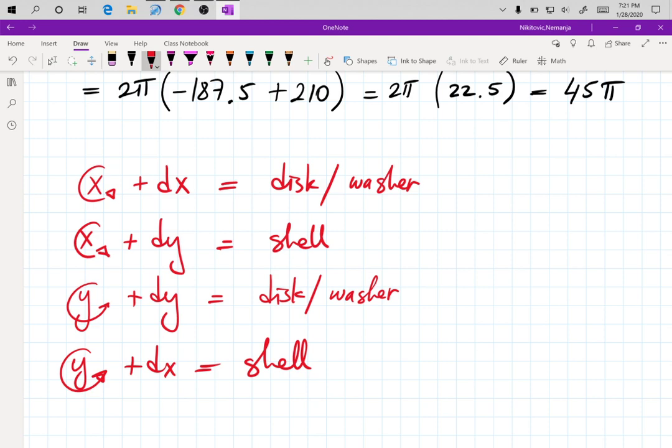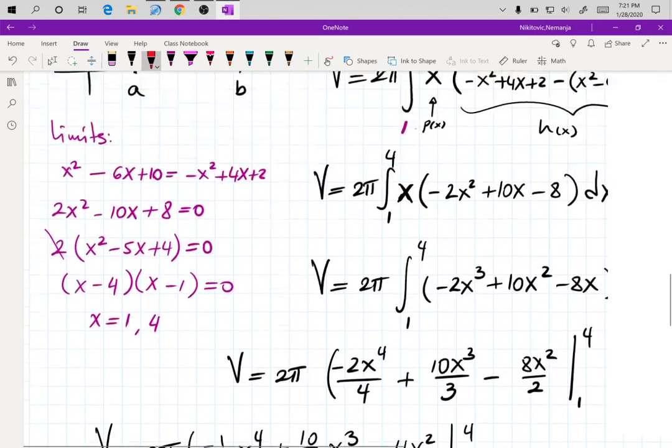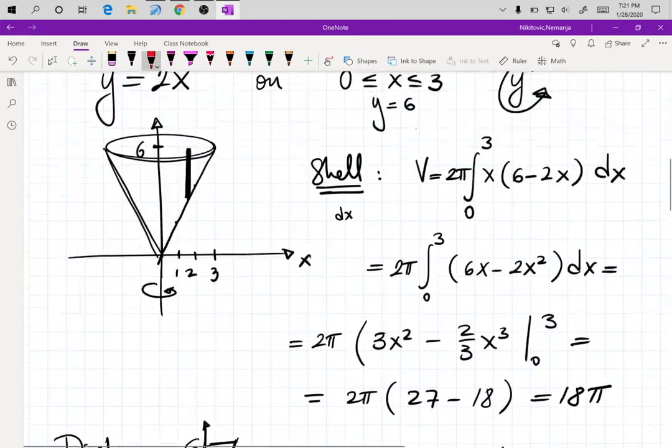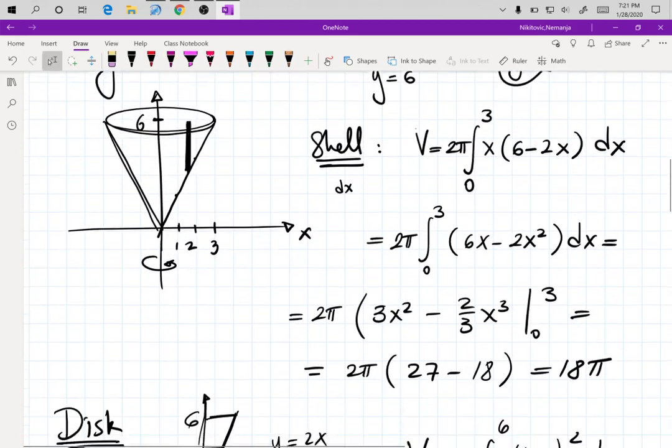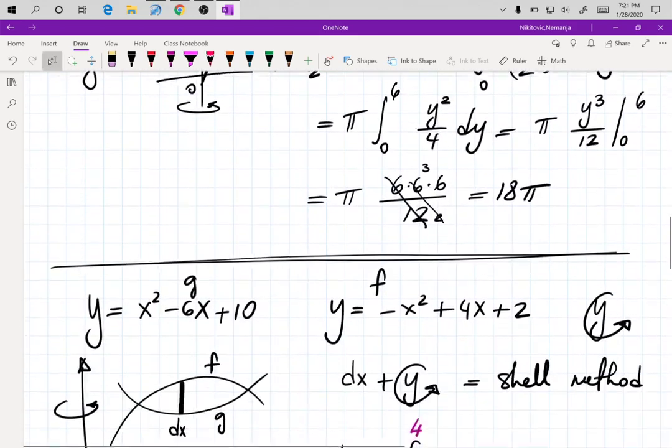So this is going to help you solve the problems when they say in a homework or the exam, just what's the volume? And they give you rotation. They give you functions. They don't say use such-and-such method. As I said, the previous problem can be done. You've seen it with shell and the disk, and we got 18 pi with both.